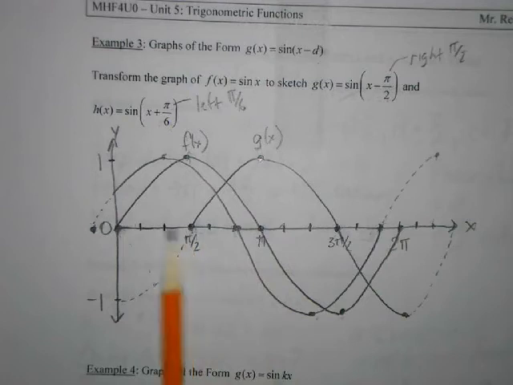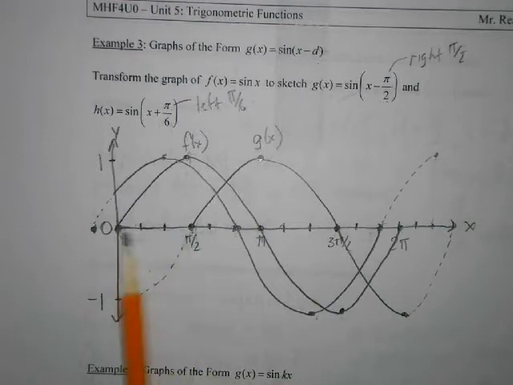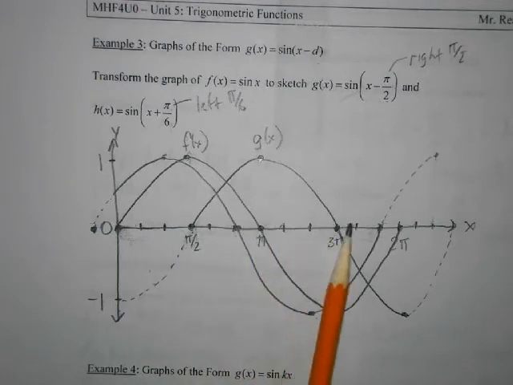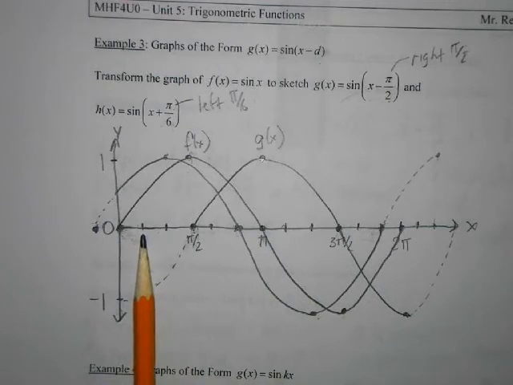But as soon as I learned I had to shift by pi by 6, I asked how do I get pi by 6 here? Well, if I divide this section, pi by 2, into 3 equal parts, each of these will be pi by 6. I just continue that on, and then I can see exactly how much pi by 6 is. Otherwise, you're just guessing, and you lose marks if you're guessing on a graph.